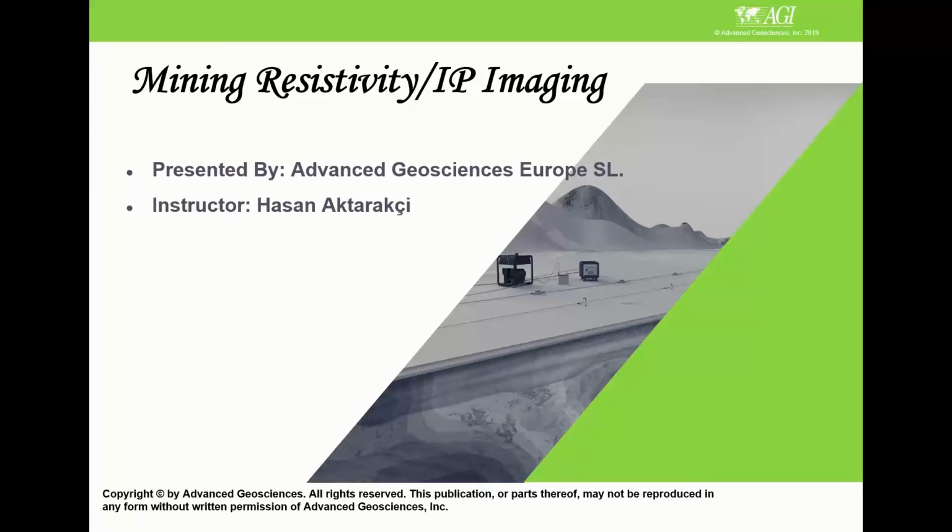We will see how to do that in manual mode, semi-automatic mode, and fully automated multi-electrode system mode, with or without high power output transmitters. We will see all these.